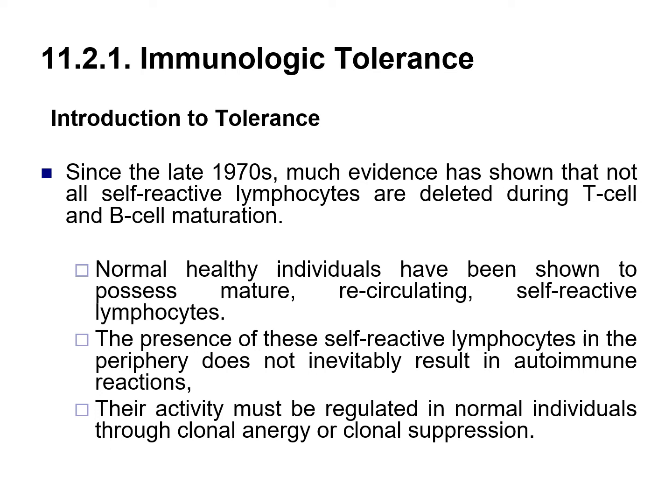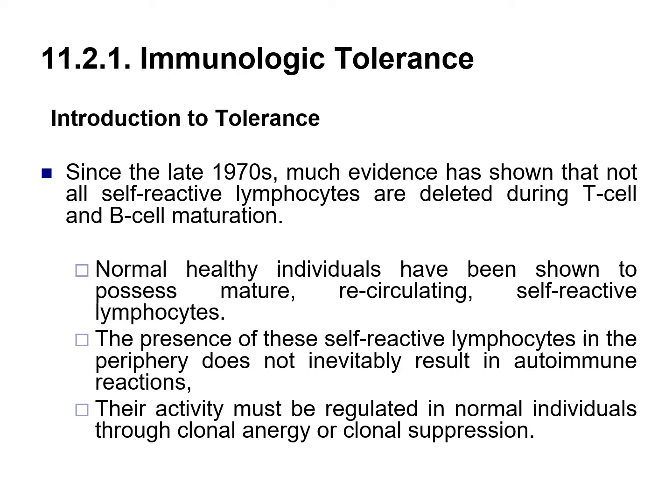And therefore, normal, healthy individuals may contain these mature, recirculating, self-reactive lymphocytes. The presence of those lymphocytes does not result in autoimmune reactions. So that means it will not really cause them autoimmune disease. Their activity, however, must be regulated.